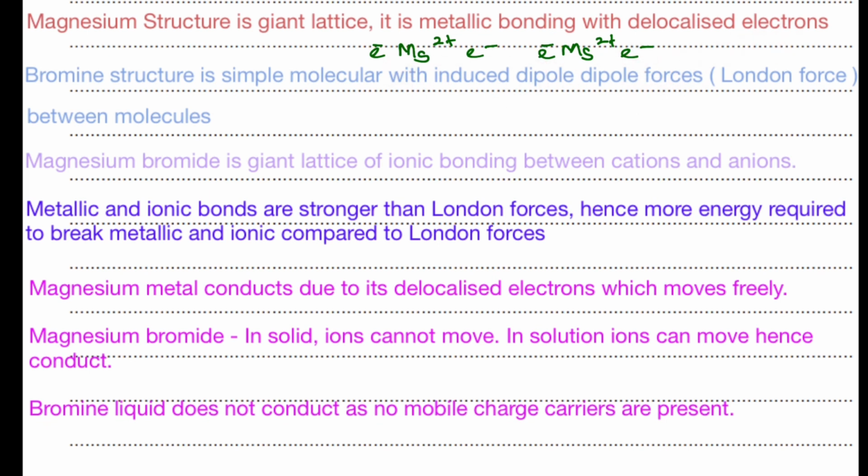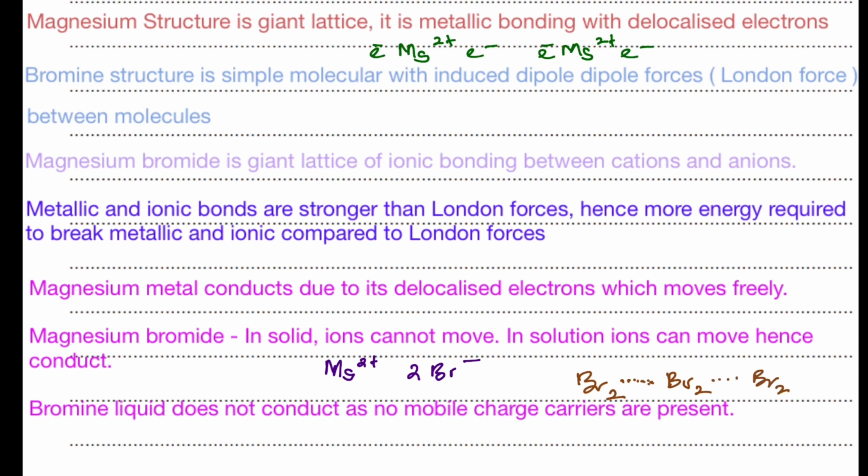But the magnesium bromide, we just did the structure, and that is Mg2+ and 2Br-. But when they are in molten state or liquid, they will conduct because you've got the charge carriers here. Bromine, Br2, has a structure with another Br2, and this bond here are the London forces, which is another Br2 here.